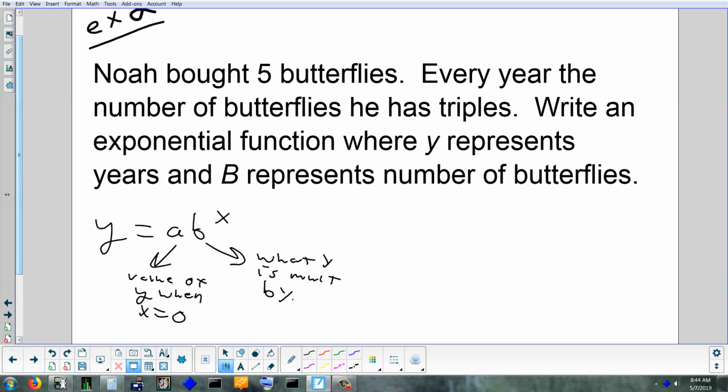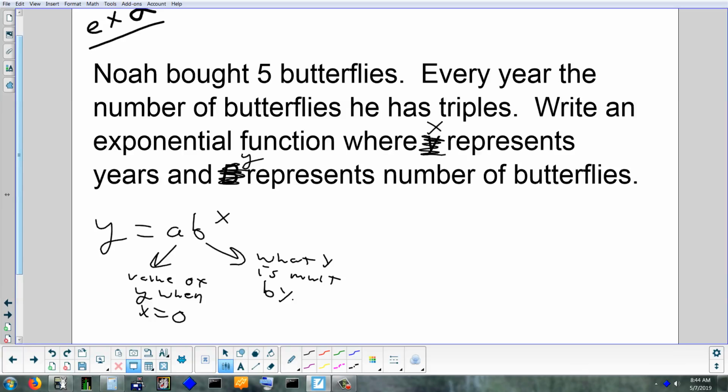We're writing an equation for the number of butterflies. Let's let y be the number of butterflies, and let's let x represent the number of years. If you do it that way, it's going to fit more in line with the formula.